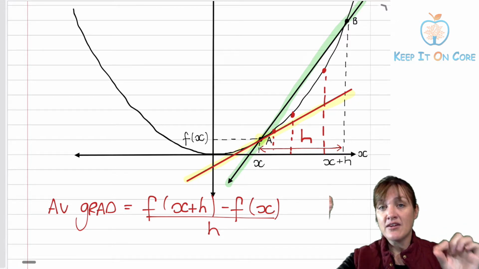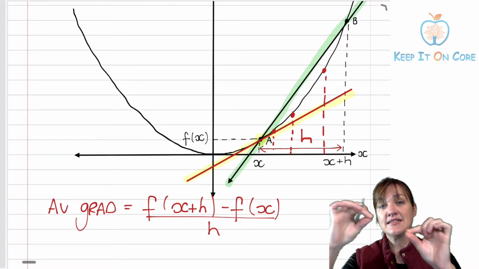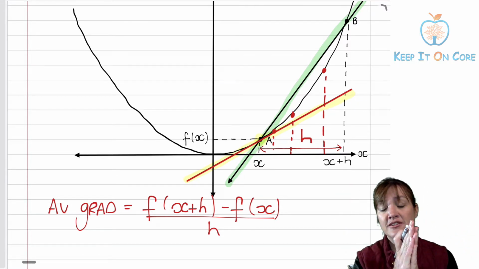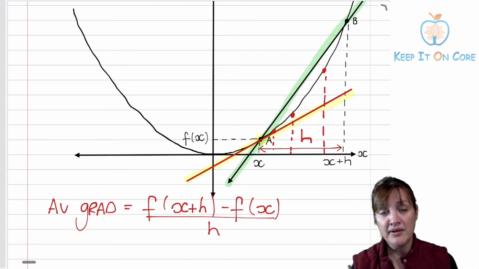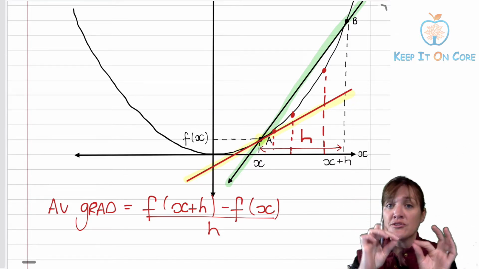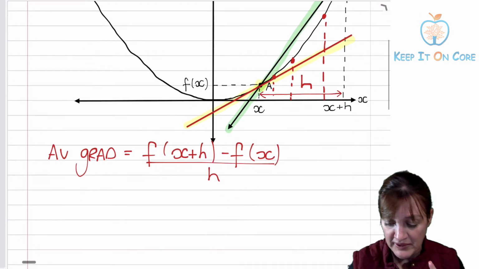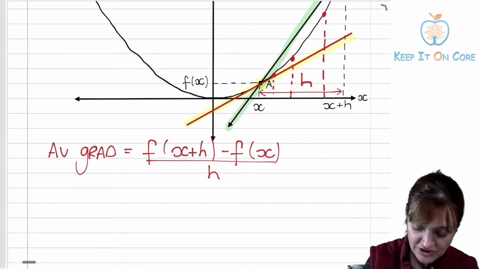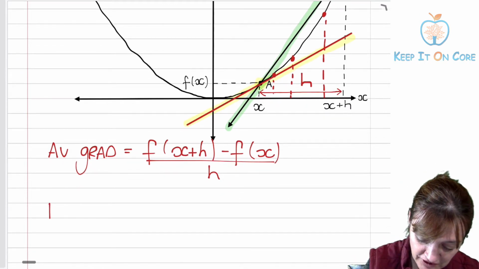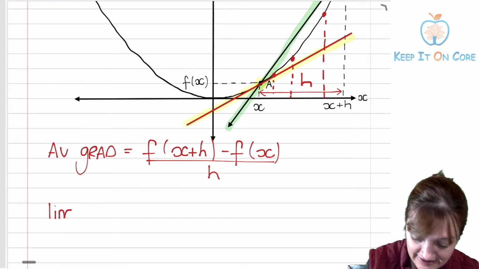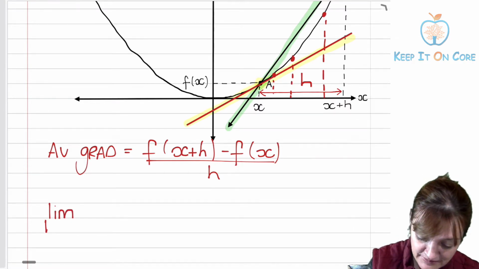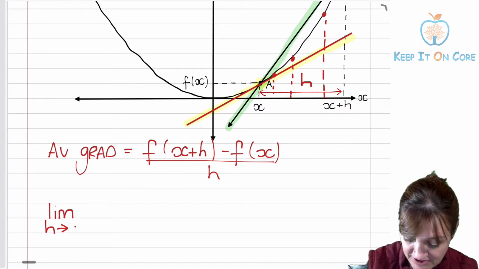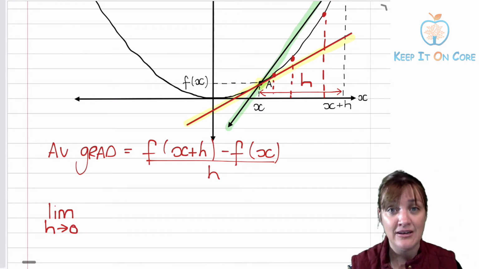Now, as we start moving this distance of h closer and closer towards 0, so your point A and point B move closer and closer towards being 1 point. So what we're then going to do is this. We're going to say that there is a limit. And your limit is where your distance of h is tending towards 0.